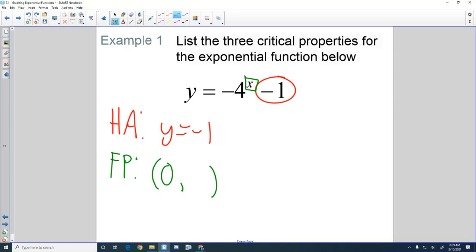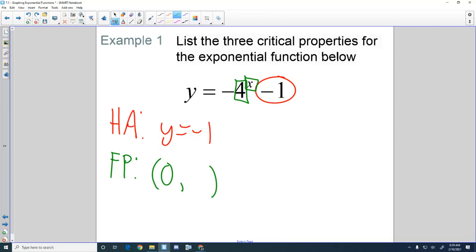And then the y coordinate, you take the number in front of the base and you add it with that vertical shift. So what is the number in front of the base? So 4, see how 4 actually has the exponent? So 4 is the base. We want the number in front of the 4.